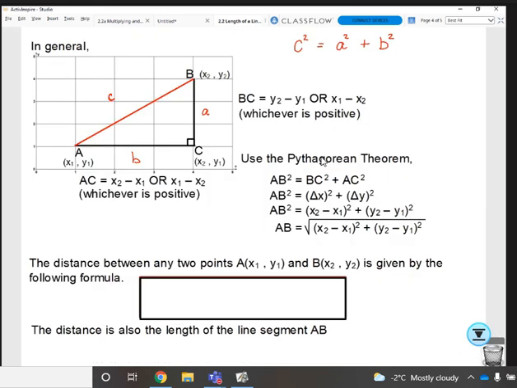But if we don't have specific coordinates, and we just have theoretical coordinates like x1, y1, x2, y2, how might we get the length of AC, or BC? Anyone have any ideas?